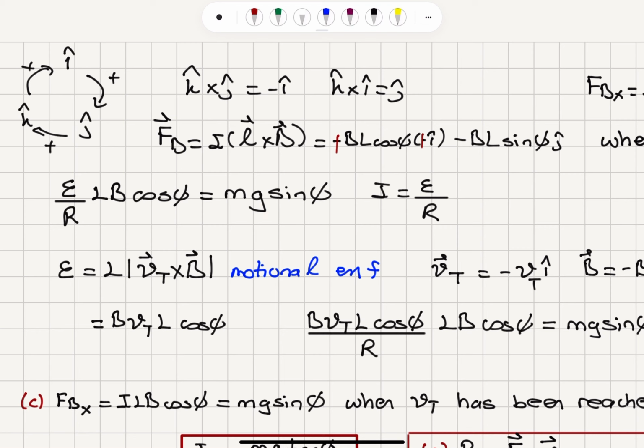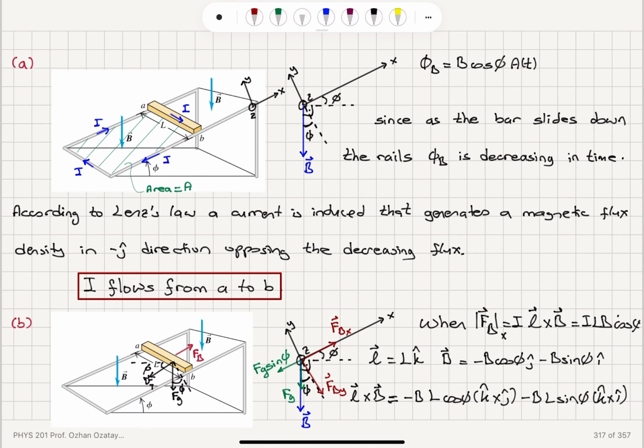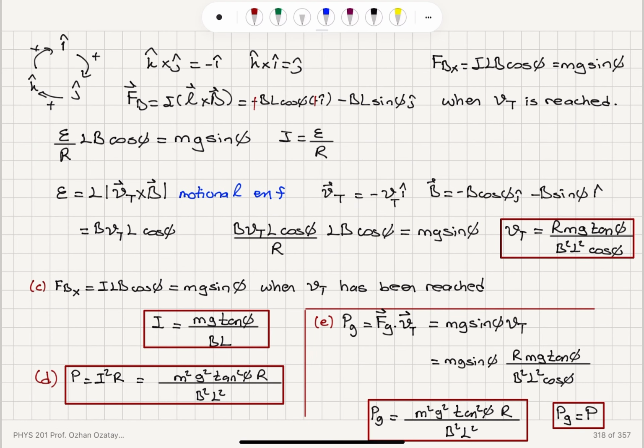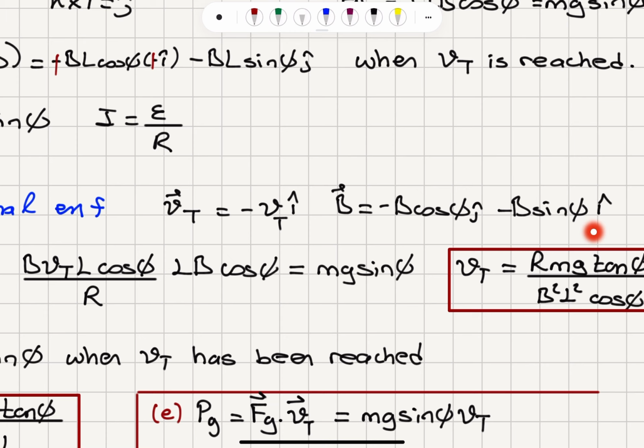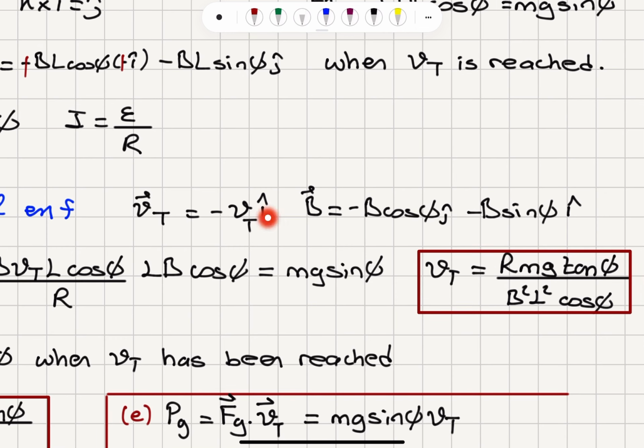Now, what is the induced EMF? It is the motional EMF, L magnitude of V cross B. The terminal velocity is in minus i hat direction. The magnetic field has a minus j hat and minus i hat component with this new coordinate system. So V cross B gives us i hat cross j hat, k hat, V terminal B cosine phi.